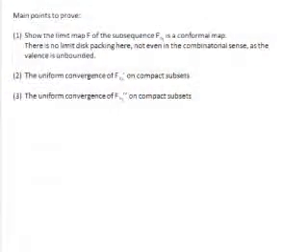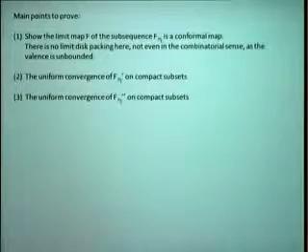Okay, so the main points break out into 3 points. First of all, to show that the limit map of the subsequence is a conformal map. And again, the difficulty is that there's no limit disk packing because the combinatorics is rather arbitrary. And then the uniform convergence of the derivatives, first order and second order derivatives.